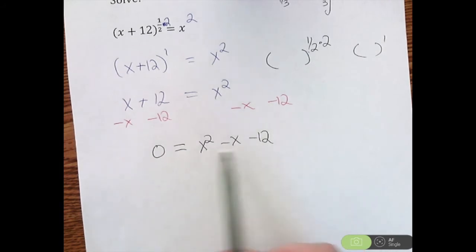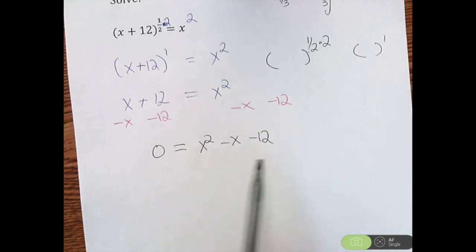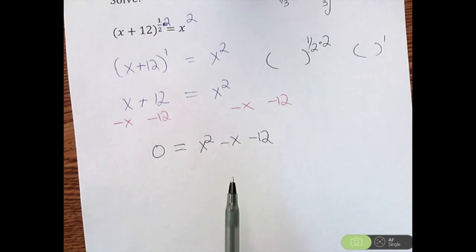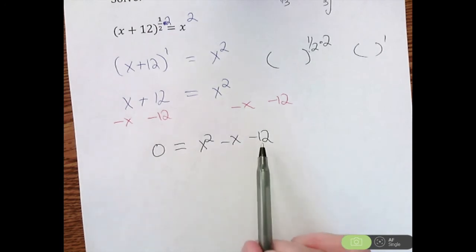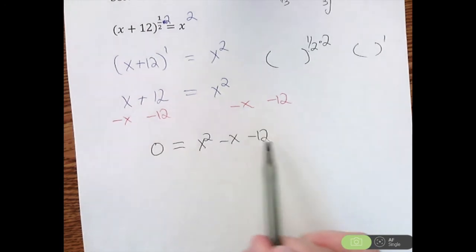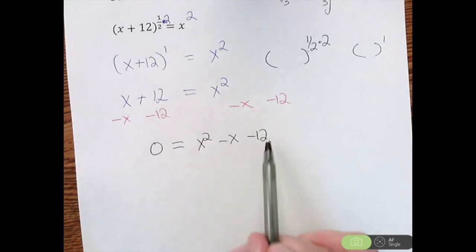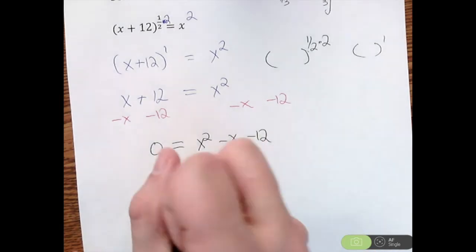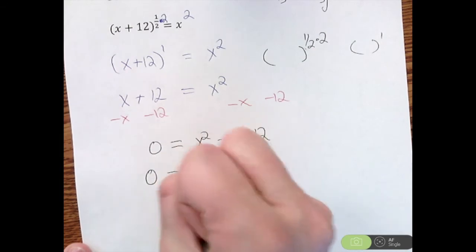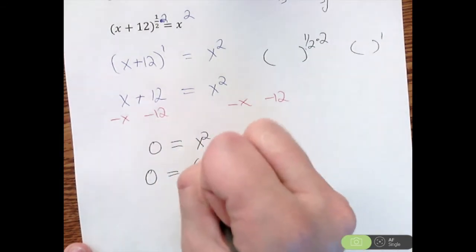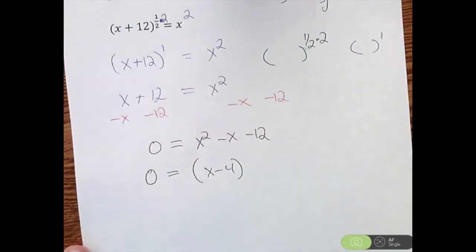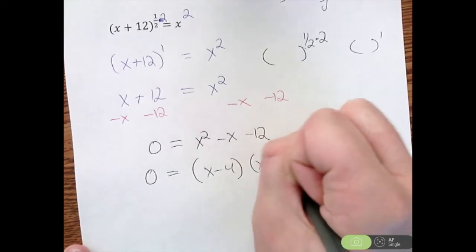Again, many methods of solving this quadratic, which we've reviewed earlier in the semester. I'm going to do this by factoring. I'm looking for two numbers that multiply to negative 12 but add to be negative 1. Those numbers are negative 4 and positive 3, so my two factors are x minus 4 and x plus 3.